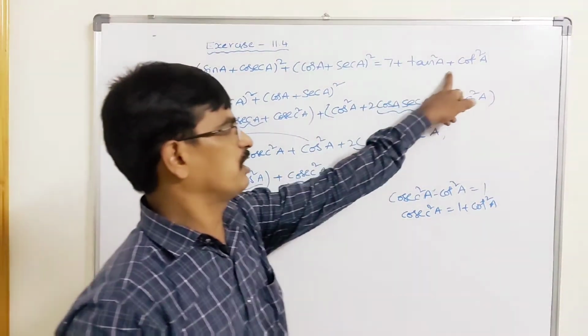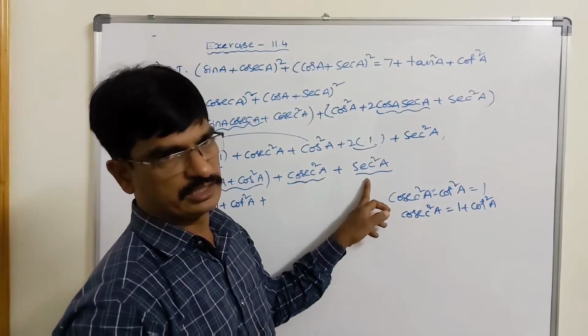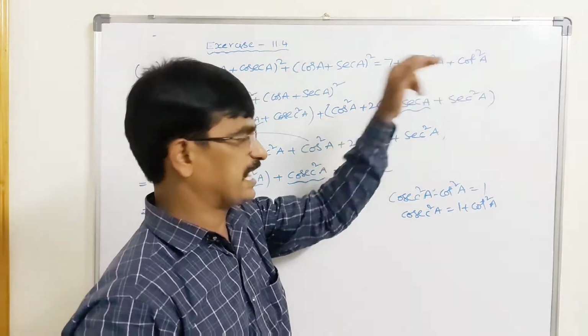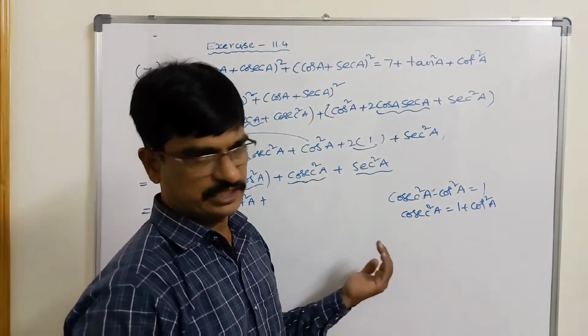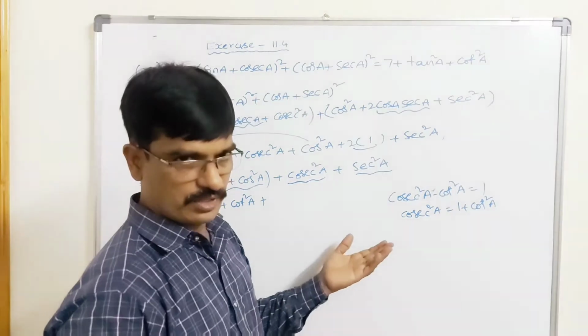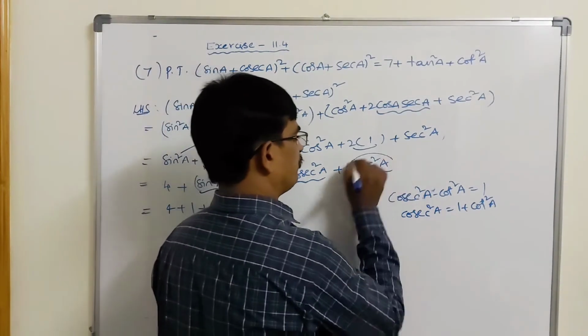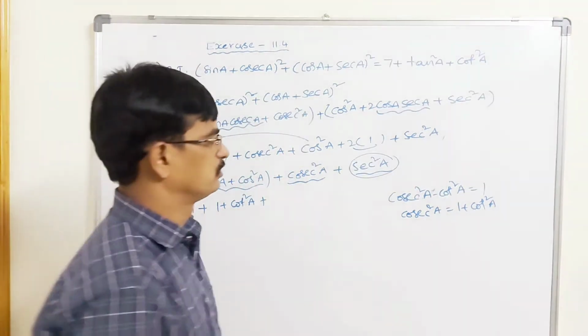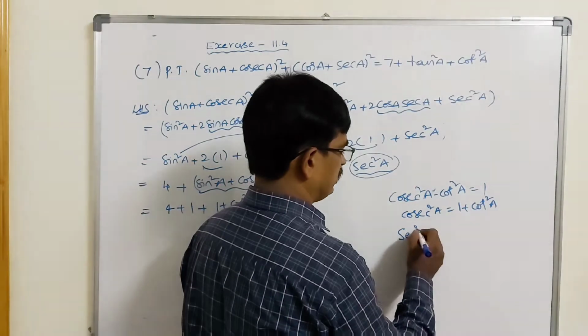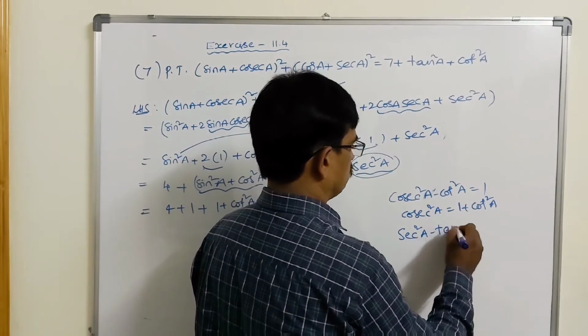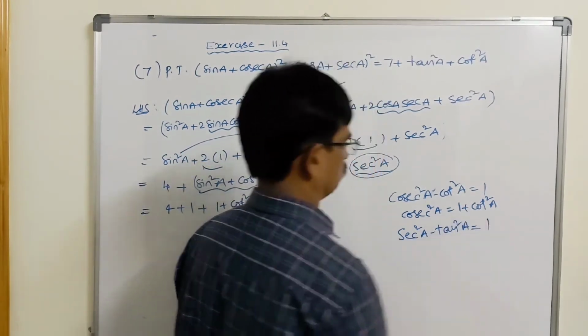So in the RHS part there is no secant square A, it is tan square A. That is secant square A can be replaced in terms of tan. For that, secant square A minus tan square A is equal to 1.